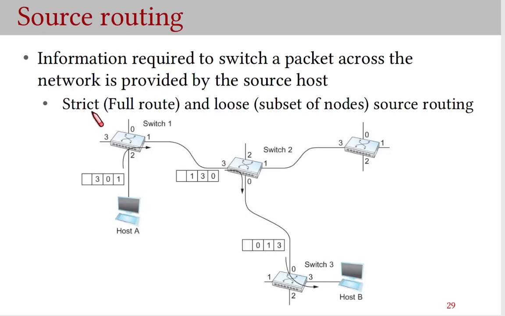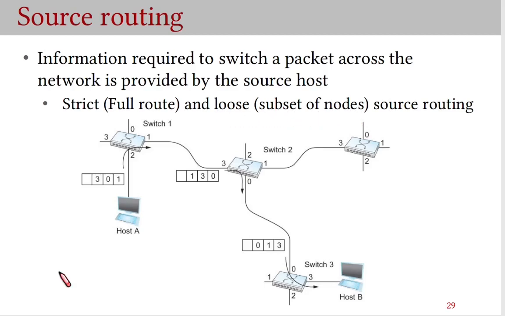One is called strict source routing, the other one is called loose source routing. In the case of strict source routing, the entire path is specified by the source. In the case of loose source routing, only a subset of nodes is specified by the source, and the network is free to choose other nodes.